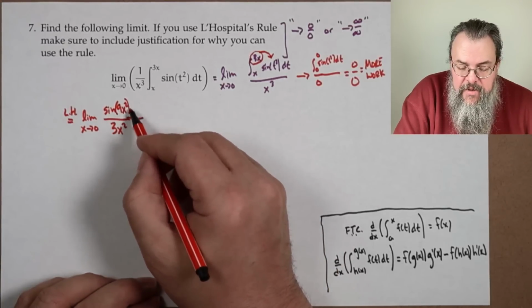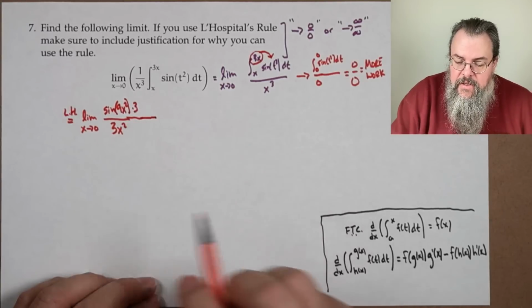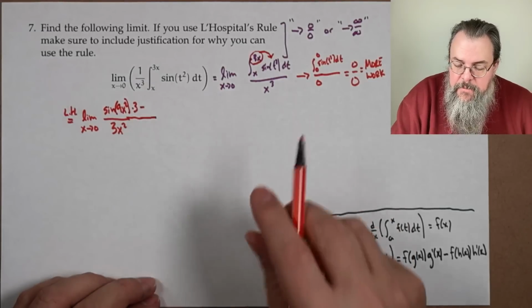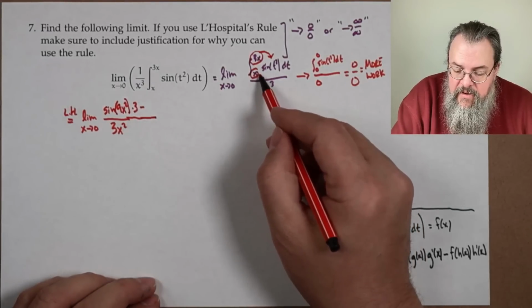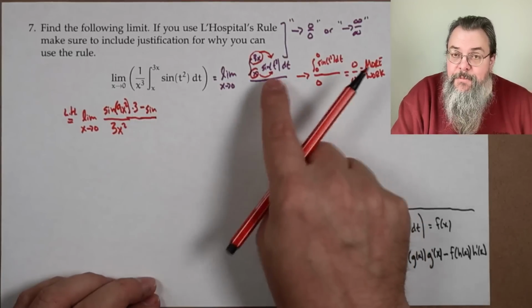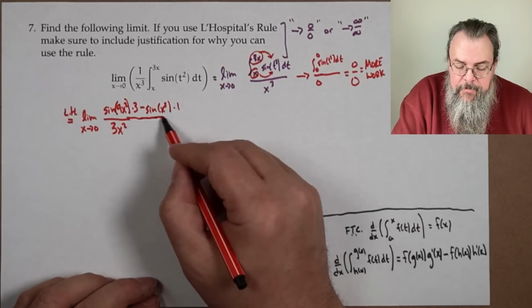And then we're going to times that by 3. And now we're going to subtract, and we're going to plug in the x, which is going to become sine. So everywhere where we see a t, put an x, x squared times the derivative of x, which is 1.